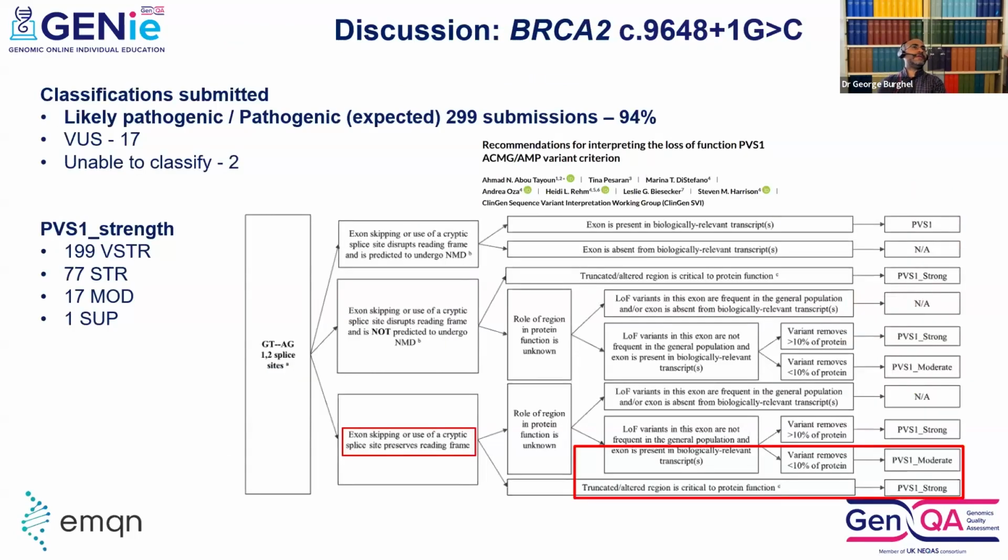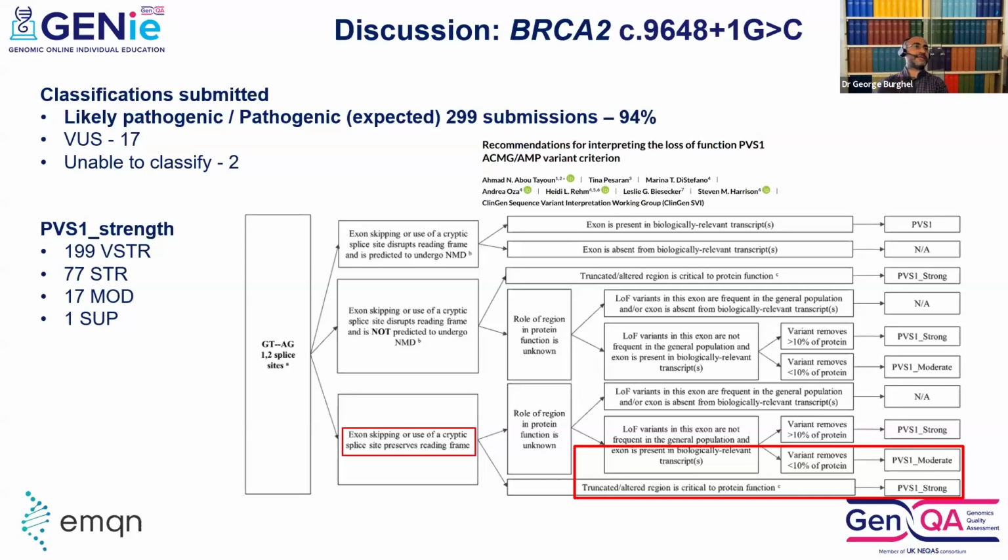So this splice site is an in-frame splice site, and if you follow the Tayoun et al. PVS1 framework, you might end up with a PVS1 moderate or PVS1 strong.